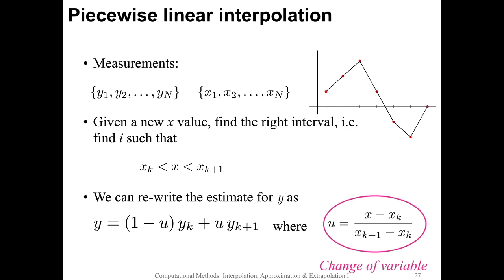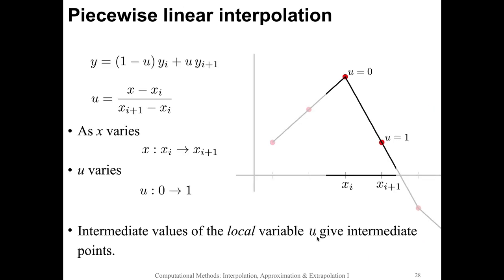This blend relies on this fraction, and we'll call this a change of variable, because from x it gives us a new value u, and it can do this for any interval at all. This variable u is a local variable over each interval. So just to illustrate that a bit more, here's our blending function.